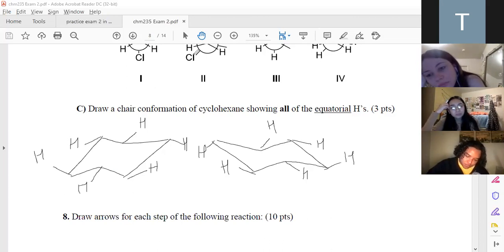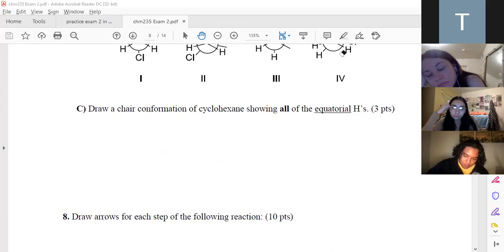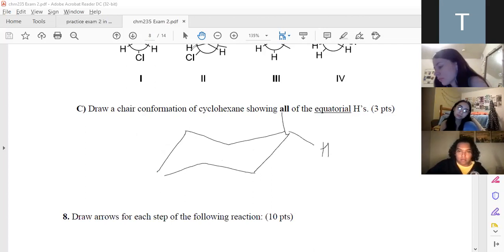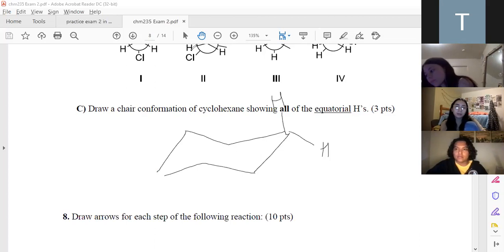So if I was to erase this whole thing, right, like this, and so if I was to draw, every position will always have an axial and an equatorial position, right? So if you are just so confused, draw every position and then erase which ones they don't want. But just remember that they have to have both on each carbon. Okay, yeah, that makes sense now.